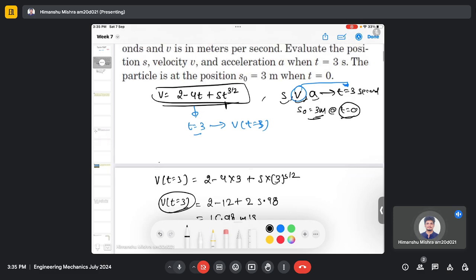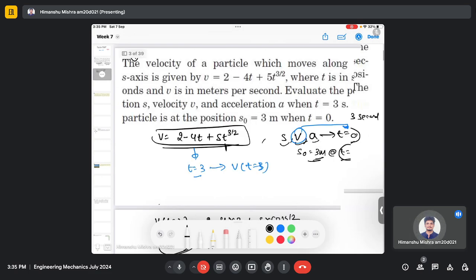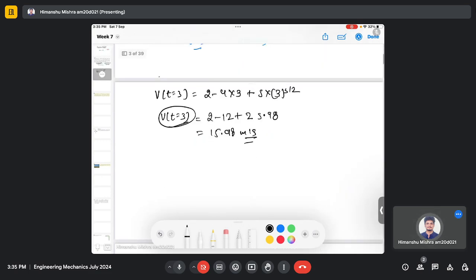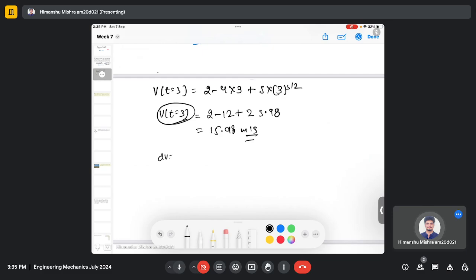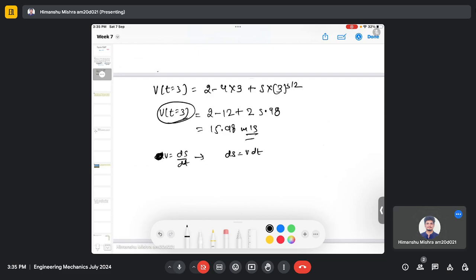Now to find the position, we will be using the expression that we just saw. The velocity is defined as v equals ds by dt, so ds equals v dt.